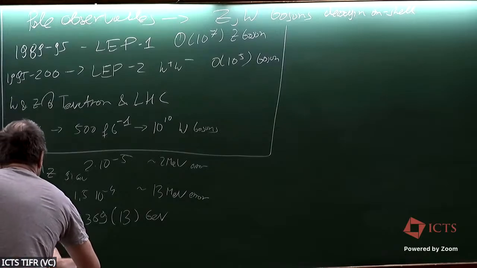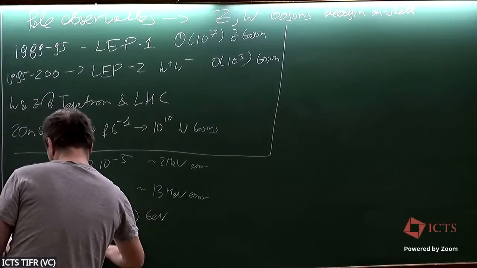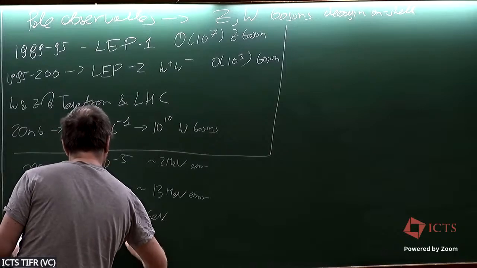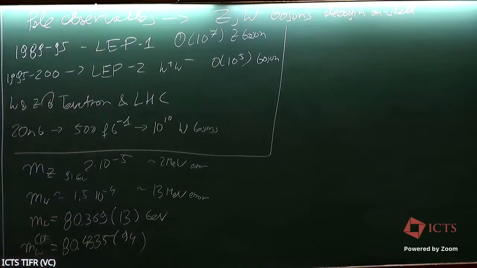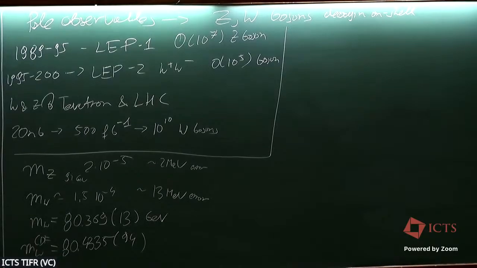The MW CDF is 80.433599 GeV. You see that there is one more significant digit here for the error. So the error is 9 MeV, but this is very far away from this result. For the field of precision physics, it would be much better if CDF never made this measurement, because this mess is not likely to be solved anytime soon. We'll never know what to do with this measurement.